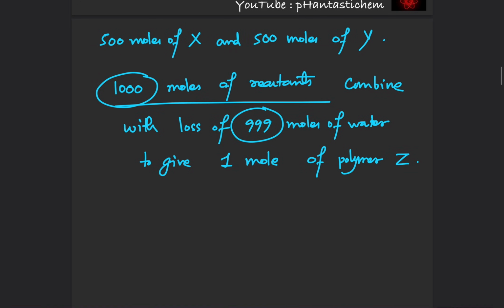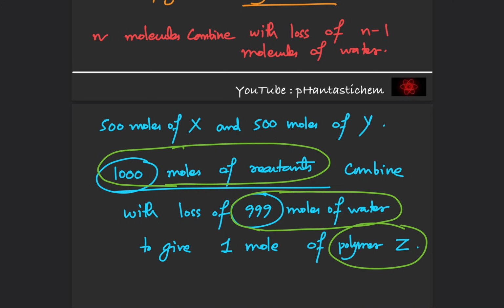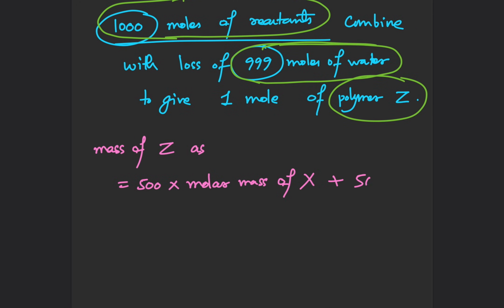Okay, so therefore the mass of the final polymer Z will be equal to the mass of 1000 moles of reactants minus 999 moles of water, because we are losing this much amount of water. So I can write mass of Z as 500 into molar mass of X plus 500 into molar mass of Y minus 999 into molar mass of water.